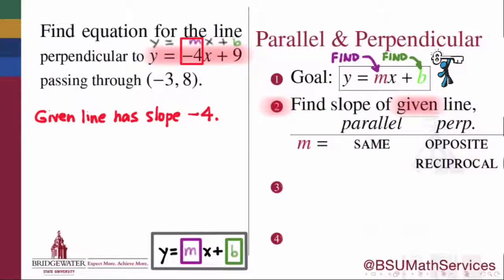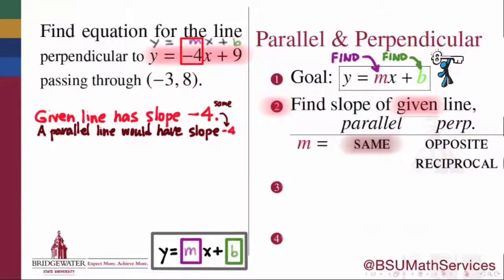So if this problem had asked us to determine a parallel line to the one that we were given, we would observe that a line which is parallel to our given line would have a slope which is the very same as the original. In other words, the slope of a parallel line would be negative 4. If the problem is asking us to determine the slope of a perpendicular line, we'll use the principle of opposite reciprocal to determine that slope.